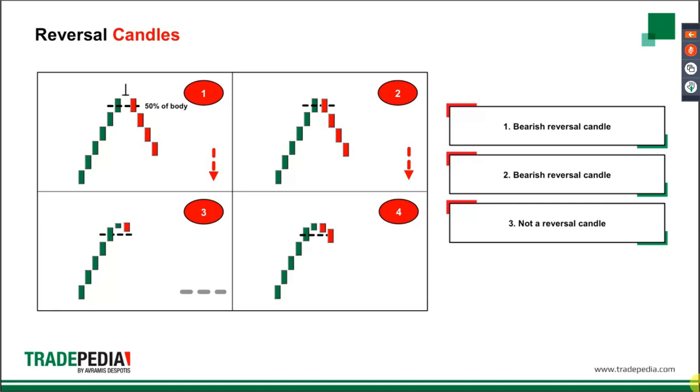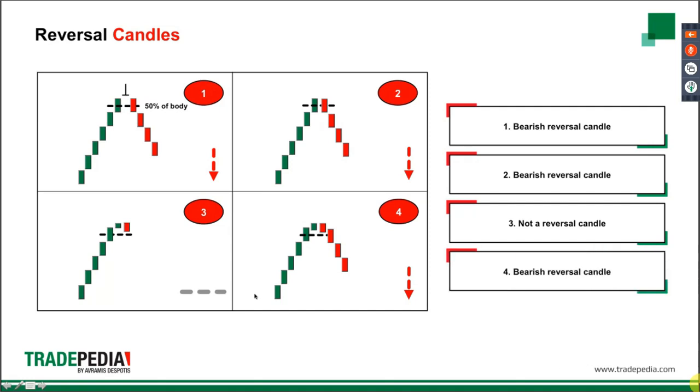If those conditions are not fulfilled, and you draw, let's say, a trend line, a break of the trend line could represent a change in trend. So you can see the fourth pattern is bearish. Those are the bearish reversal candles that we have.